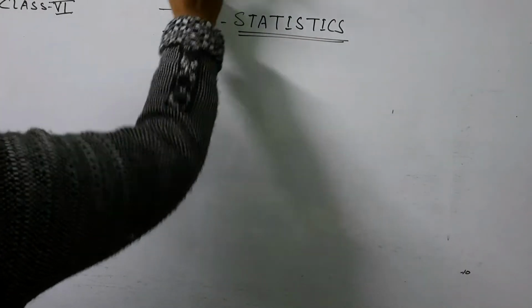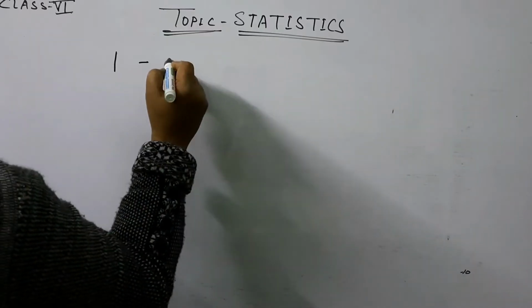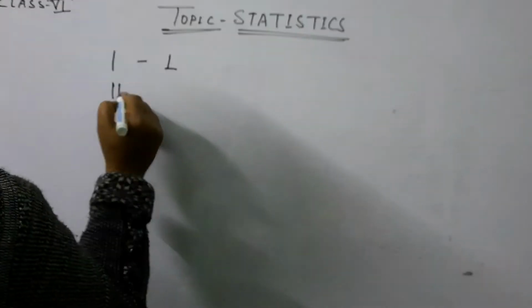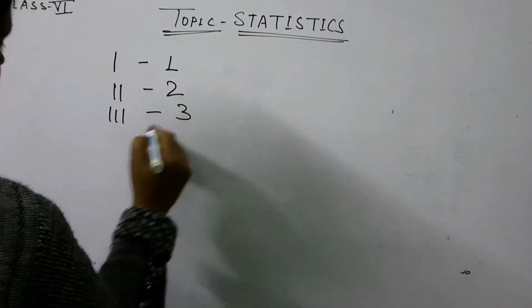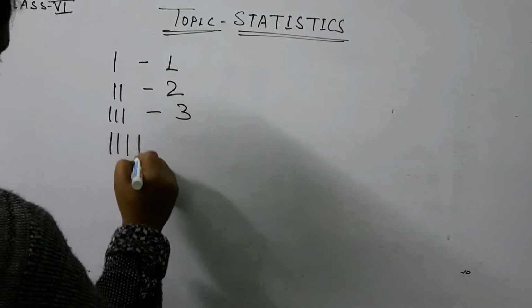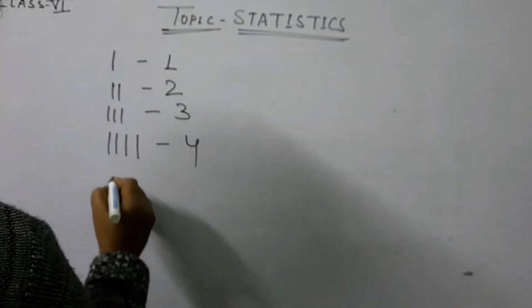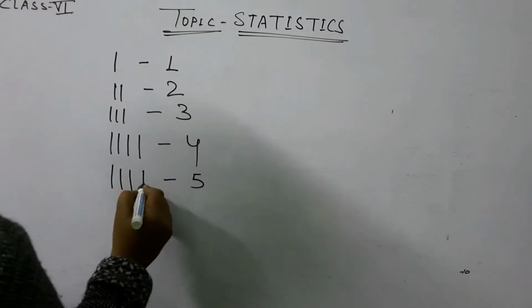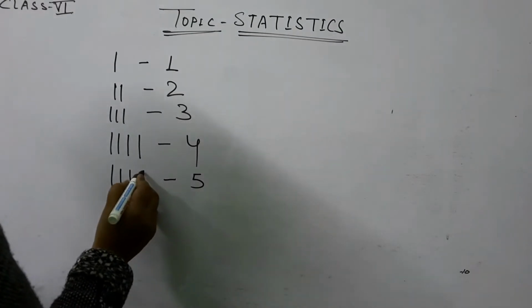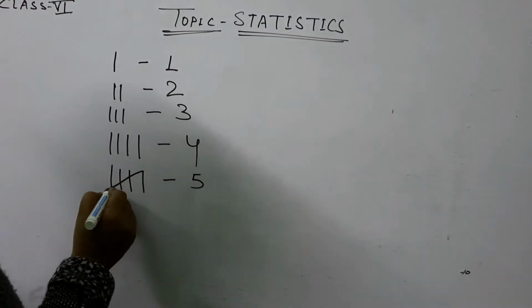Students, always remember how to draw tally marks. 1 is one vertical line, these 2 vertical lines are 2, these 3 vertical lines are 3, these 4 vertical lines are 4. For writing 5, we have to draw 4 vertical lines and 1 slanting line which cuts these 4 lines.